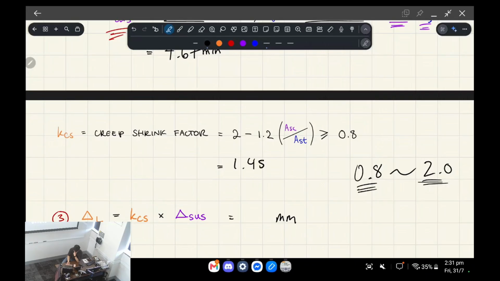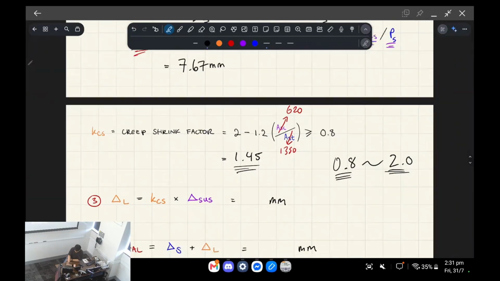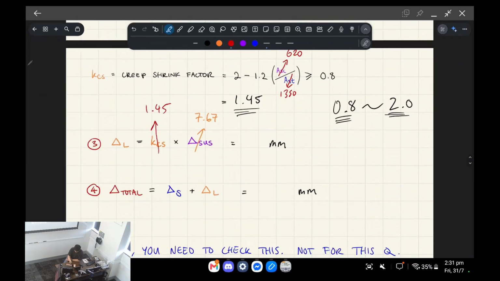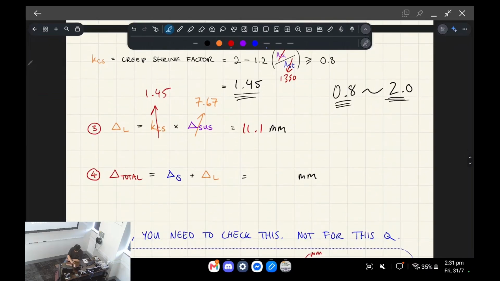Okay, so basically if we plug in our values for the area of compressive steel and tensile steel, we get that our creep shrinkage factor is going to be 1.45, right? And basically, to get the long-term deflection, we get the sustained deflection, and we multiply it by a KCS factor of 1.45, giving us 11.1 mm of deflection.